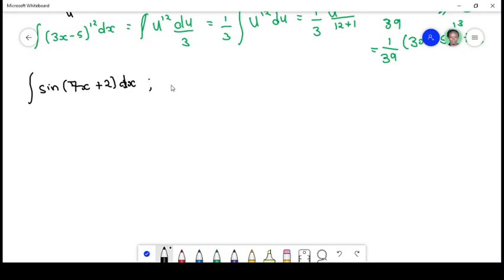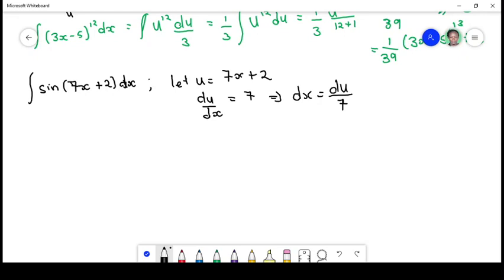So let u be equal to 7x plus 2. Then I can find du/dx, which is going to be equal to 7. So from here, dx is going to be du divided by 7.